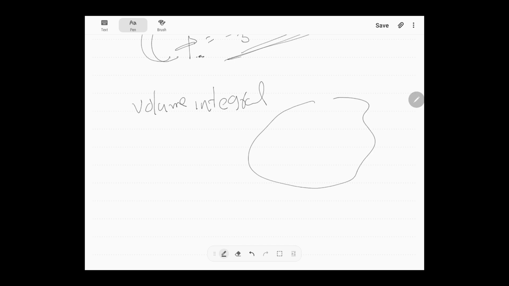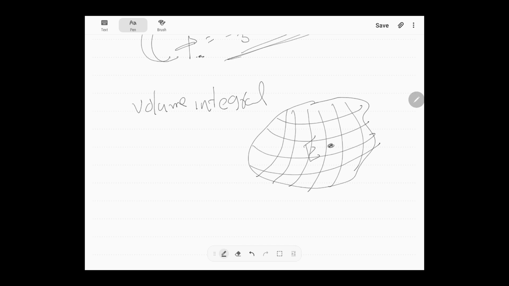Suppose you have some closed surface and you have some region in space. This is my region E or R, whatever letter you use. Divide that region into several parts.